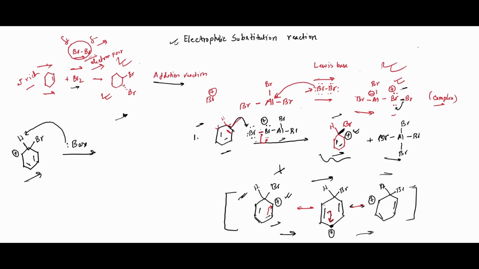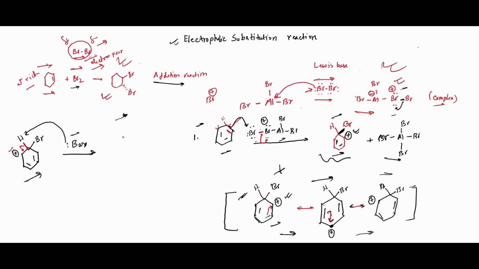The aromaticity is destroyed. But that is just a temporary thing because we'll reestablish this aromaticity in the second step where the base will come into action. It will pull the hydrogen or the proton away, and later on, this bond between hydrogen and the ring will break, and it will leave the electrons here to compensate this positive charge, and we will reform this aromatic ring.